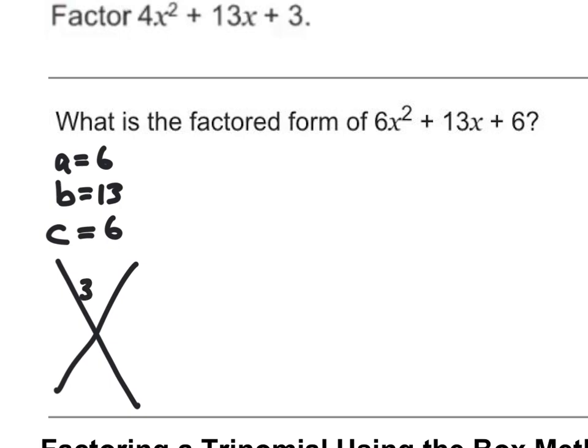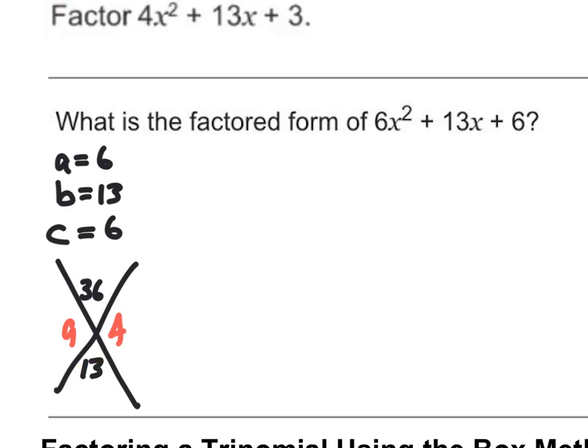So I've got 36 here, and then I've got my B value, which is 13. Now the question is what two numbers multiply to 36 but also add to 13? It may take you a little bit to think about it, but those numbers are going to be 9 and 4. 9 times 4 gives me 36, and 9 plus 4 gives me 13.